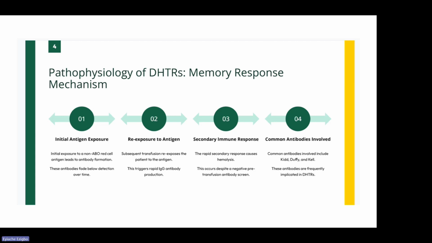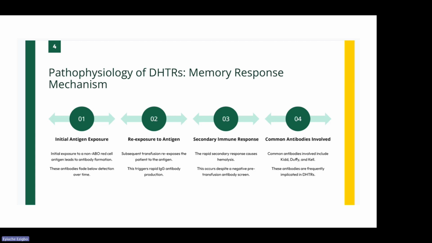Okay, so common antibodies involved in the pathophysiology of delayed hemolytic transfusion reaction include Kidd, Duffy, and Kell. These antibodies are frequently implicated in delayed hemolytic transfusion reactions.